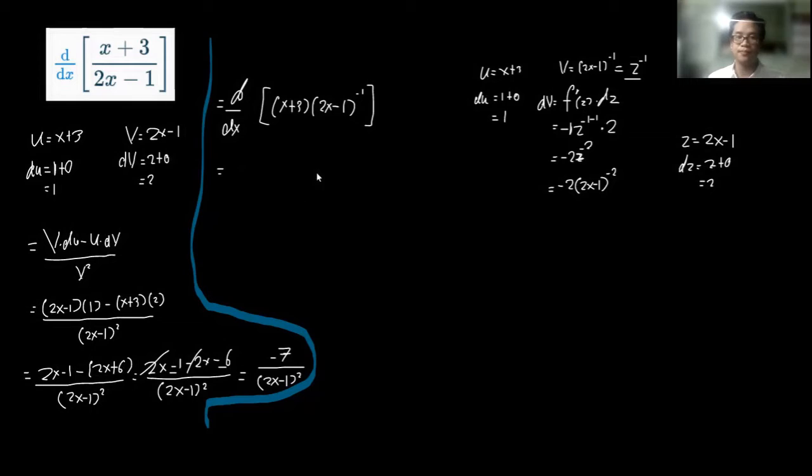Okay, so now let's further substitute. I can use product rule. So this is u dv plus v du.